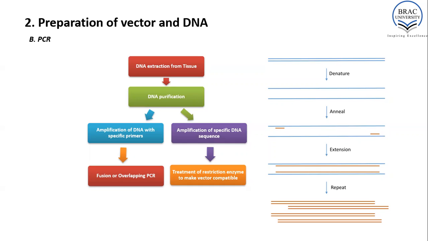In the case of a PCR-generated DNA fragment for cloning, DNA can be extracted from tissues or any organisms, like genomic DNA from bacteria, or fungi, or yeast, or any mammalian cell line. Then the insert, which needs to be ligated to the vector, is amplified by using a specific primer.